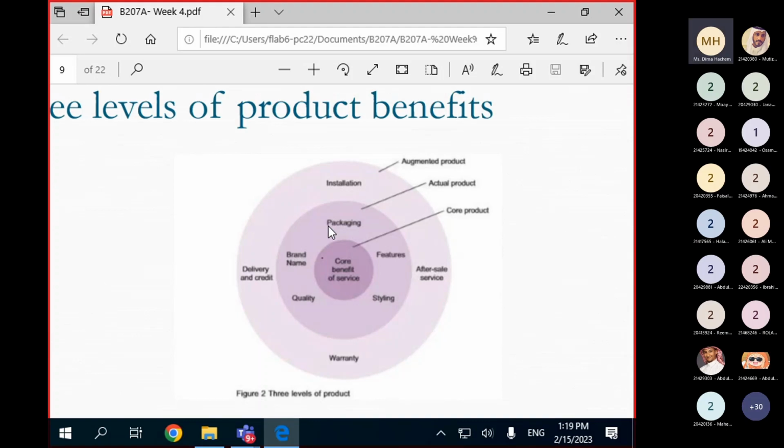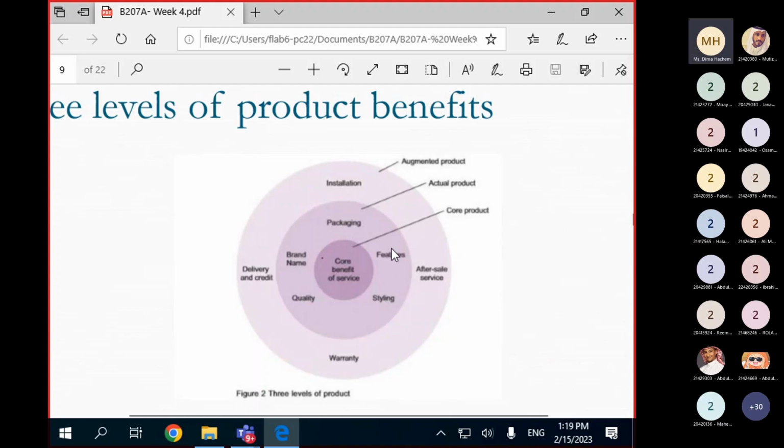All right? The brand name. Many other brands and less expensive brands would give you the same functionality, a similar functionality. Okay? But I have chosen a certain brand name with a certain quality and packaging and styling.